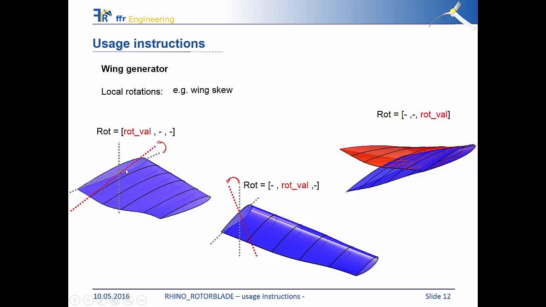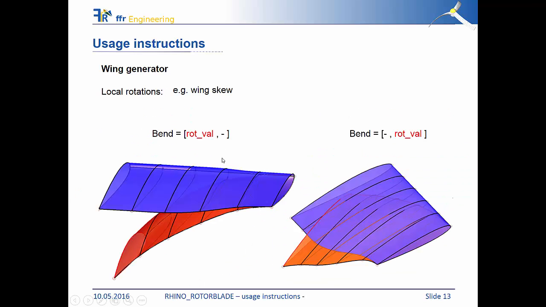And here the same holds, where they will also not be parallel, but they will simply be in a different rotation axis. These 2 rotations are maybe more usable in combination with the translations here, or in combination with the bends. The bends are also a parameter which you can use while adding a wing, and the bending, I call it, is here given by 2 values.